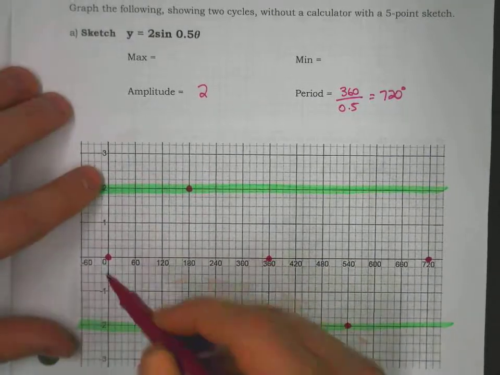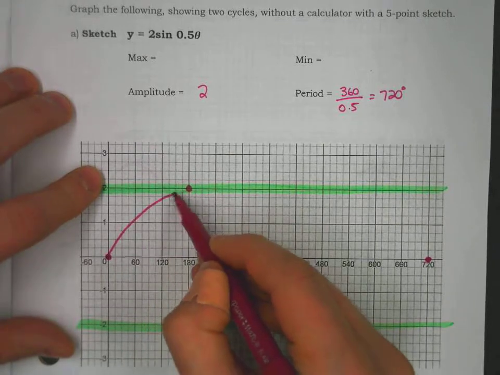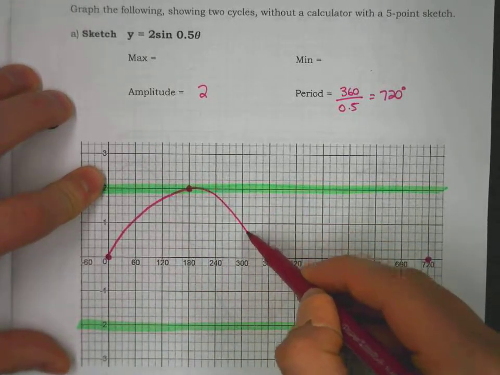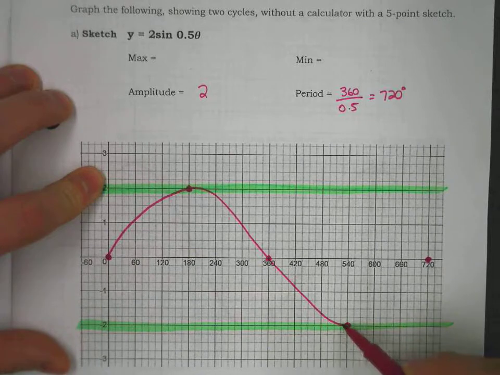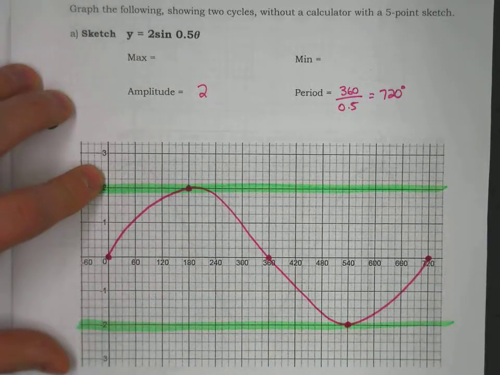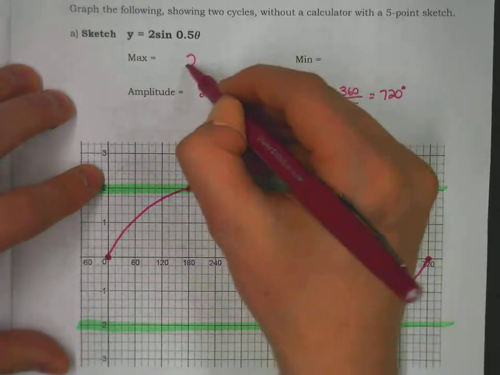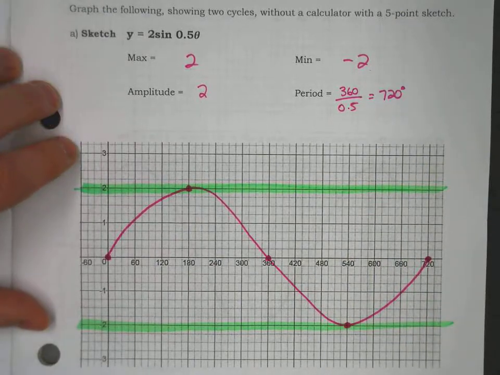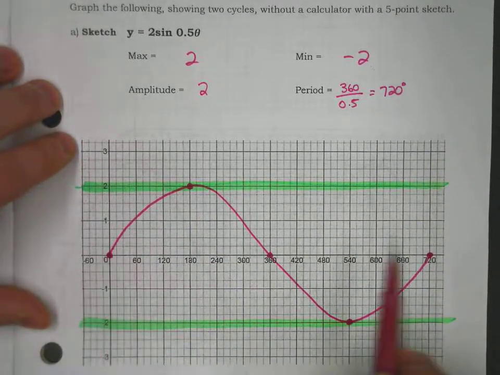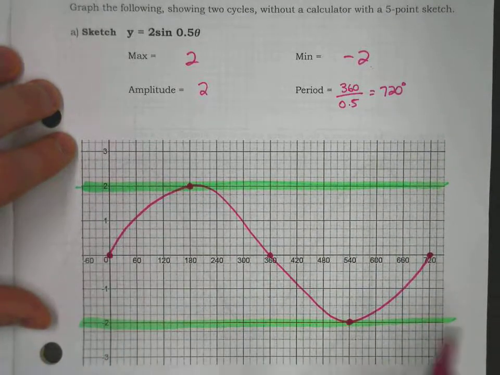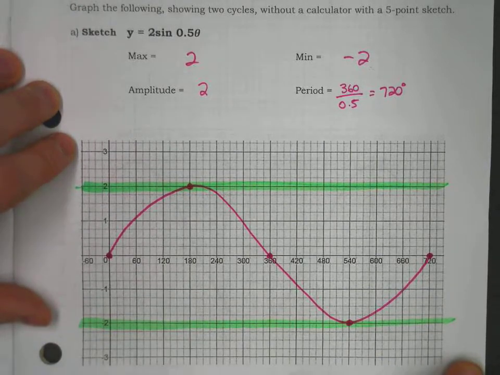These are 5 points which allow us to make a nice smooth curve, avoiding sharp jagged edges, a sinusoidal curve. Max is 2, min is -2, and this is drawing a 5-point sketch. First, last, middle, quarter, 3/4, done. We don't mess around.